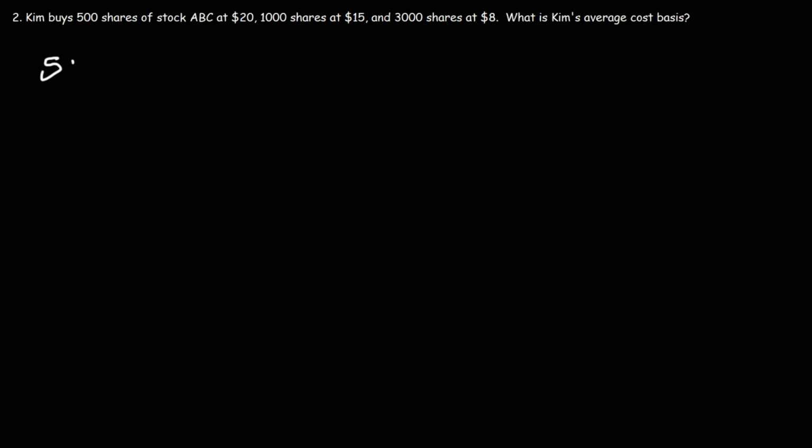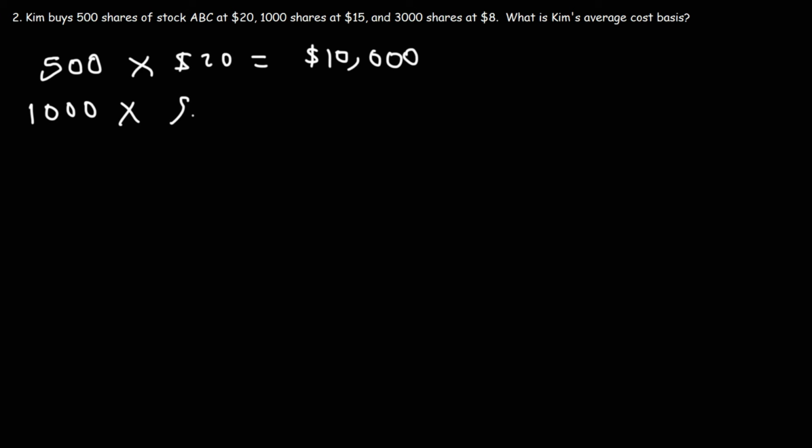So in her first purchase, she bought 500 shares at $20. So 500 times 20 means that her first investment was worth $10,000. Now, for the second purchase, she bought 1,000 shares at $15.